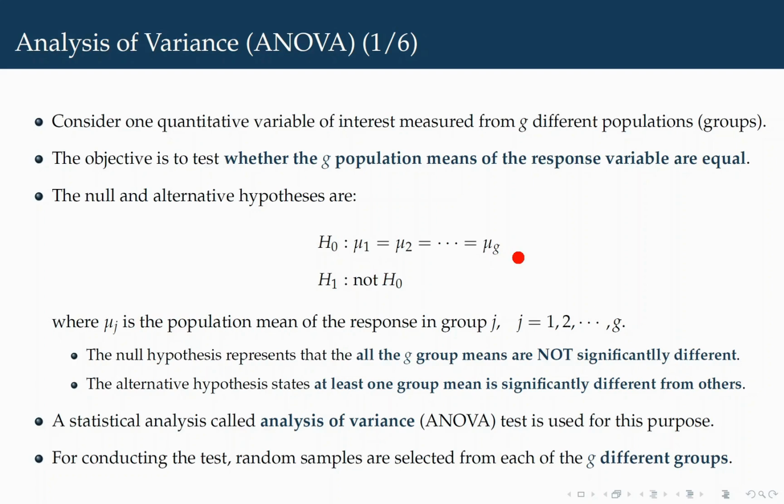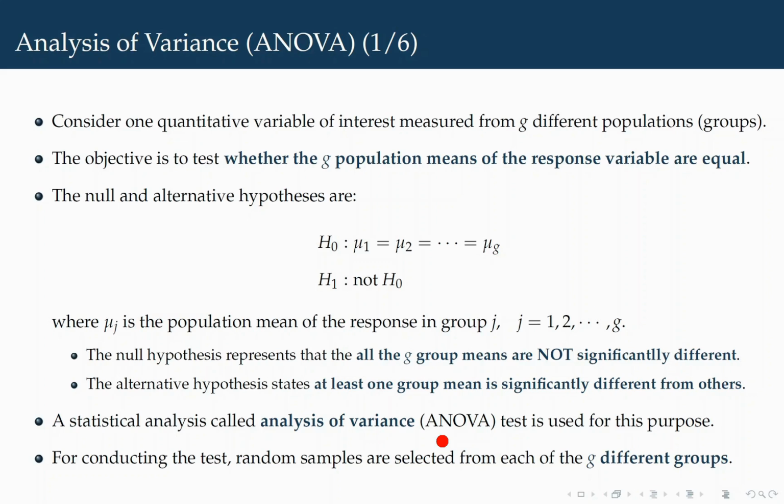Perhaps all of the G group means may be different, but the alternative actually represents that at least one of the G different means may be significantly different from the others. So the hypothesis testing procedure that is used for testing this hypothesis is called analysis of variance or ANOVA.